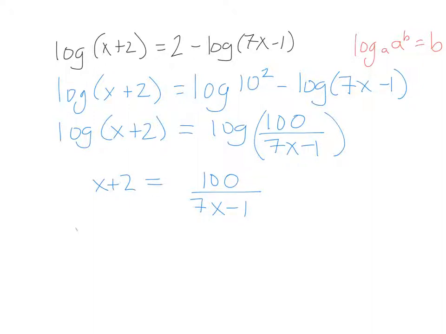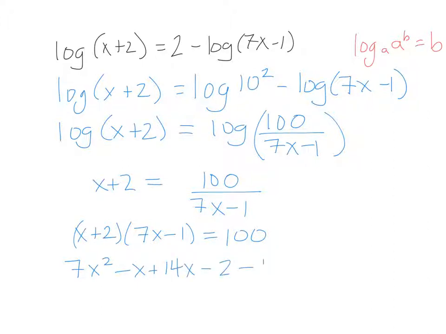So we'll have x plus 2 times 7x minus 1 equals 100 when I go to solve that. Expand. And I just moved the 100 over.